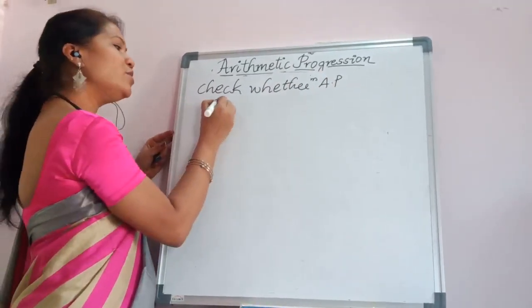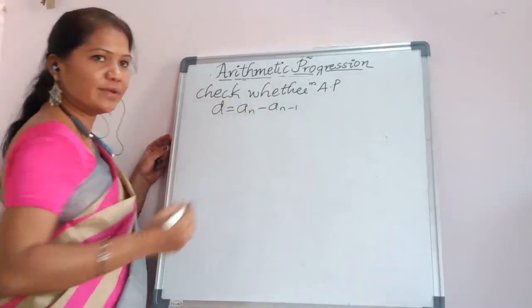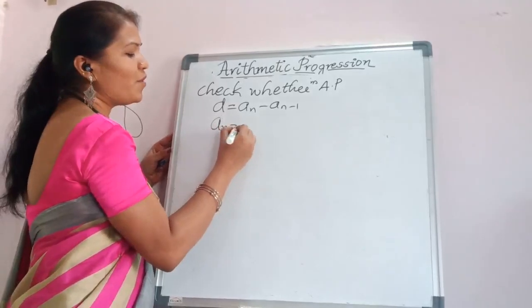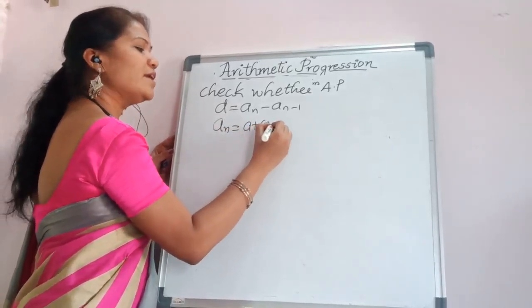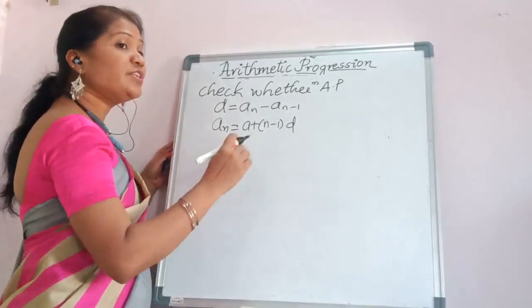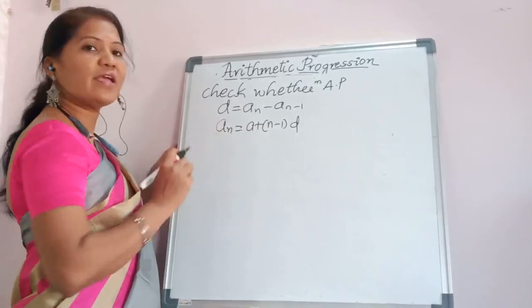Which formula will we use? d is equal to a(n) minus a(n minus 1). Or he will ask, find the 40th term of the AP. For this, which formula? A plus n minus 1 into d. Or he will ask whether this term forms an AP or not. For that, questions also, you will take an.